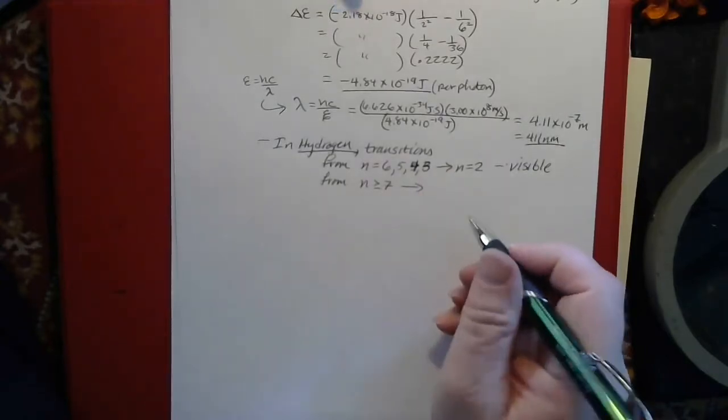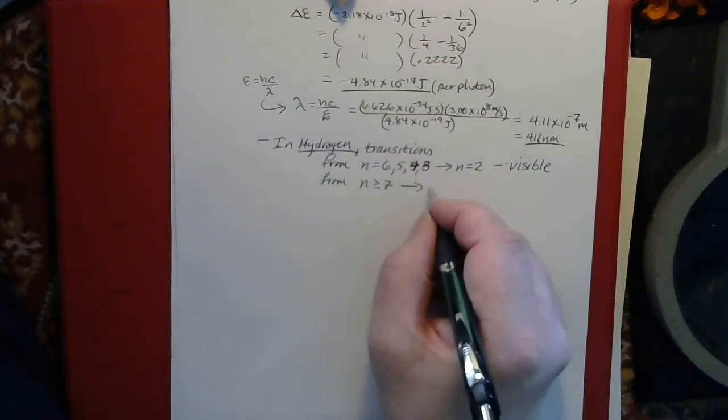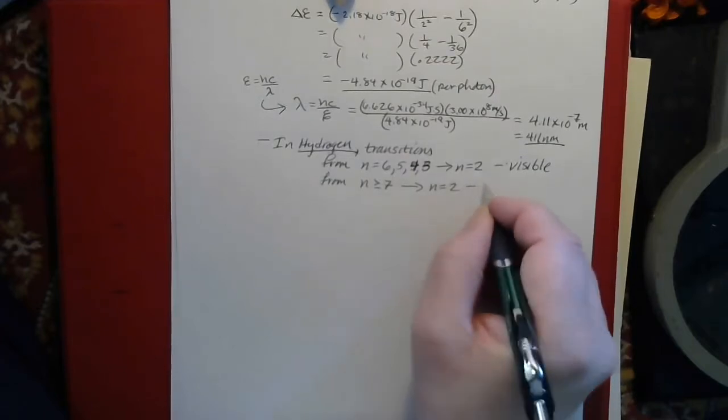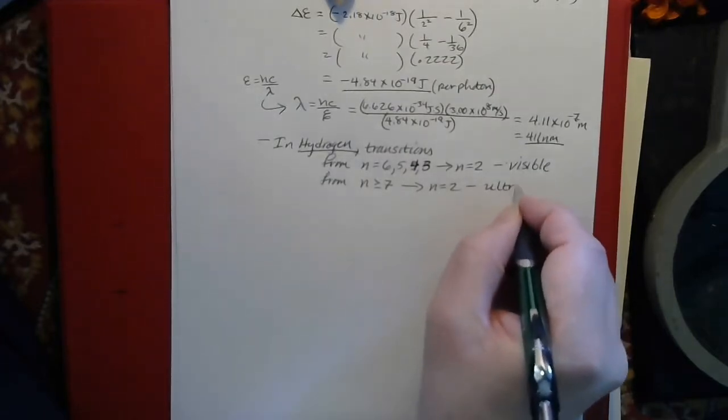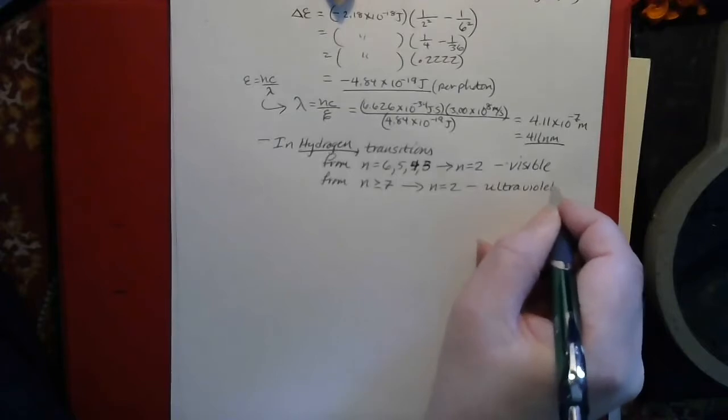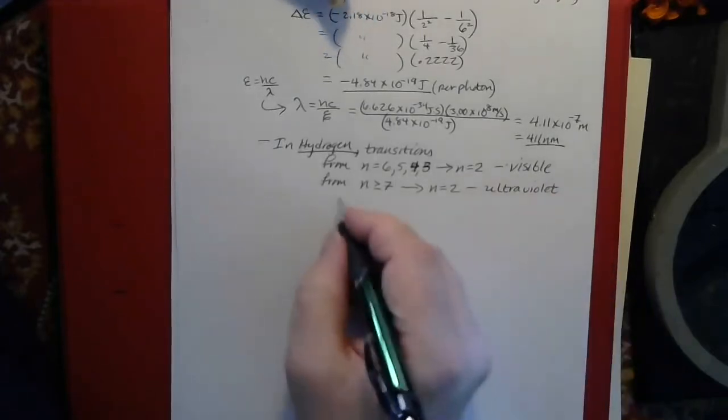In hydrogen, if you go from 7 or above down to n equals 2, that's ultraviolet. And we can't see it with the naked eye.